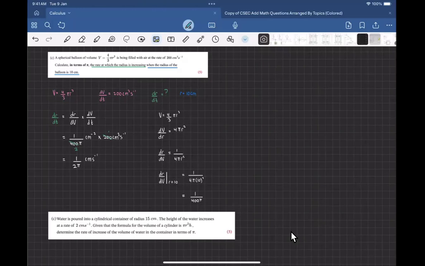So that could be 2 pi 15 h. So it's 2 times 15, 30. So 30 pi h, or pi 30 h. 30 pi h.